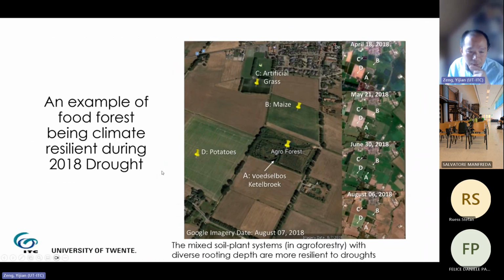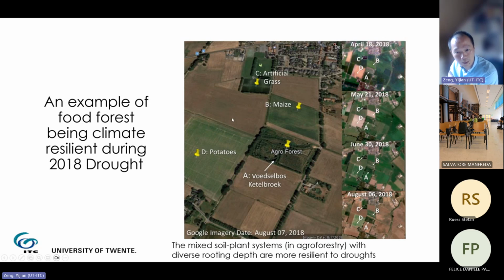So in the coming slides, I will briefly introduce an example of a food forest being climate resilient during the 2018 drought. After that, we put up two stations, one in the food forest, the other in the surrounding sites. And you can see there's a really big contrast.